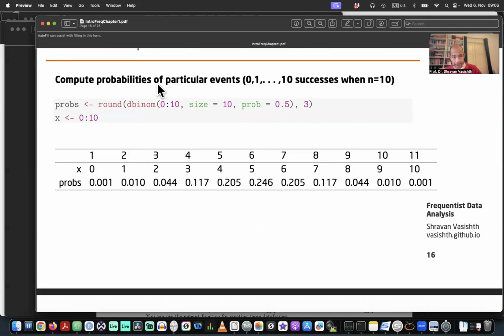And I'm calculating the probability of getting 0, of 1, 2, 3, 4, all the way up to 10, assuming the probability of success is 0.5, and I'm rounding the probability to 3 digits. So that's why you're getting the probability up to 3 significant digits. So what we say is, when we have 3 digits after the decimal point, we say that we are computing the value up to 3 significant digits. Okay.